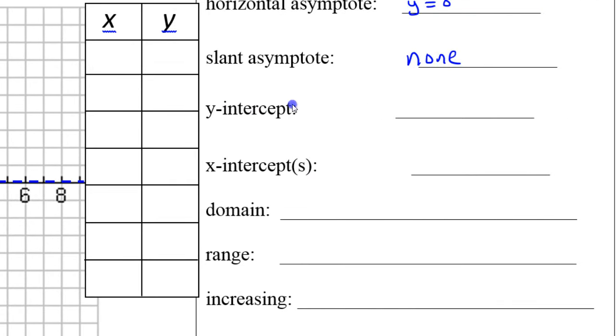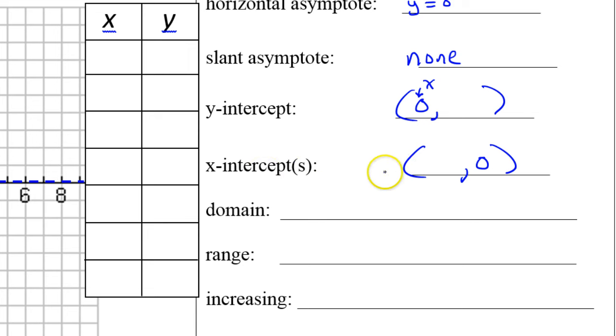What's next? It's time to find our y-intercept and our x-intercept. Now, remember, the y-intercept is always 0 comma something, and the x-intercept is always something comma 0. So in other words, if I want to find the y-intercept, go ahead and let x be 0.